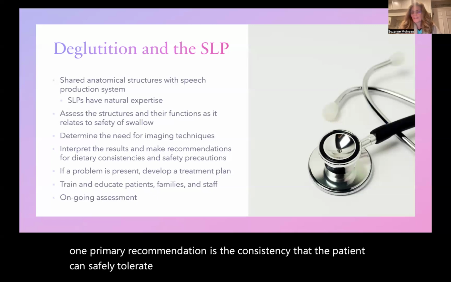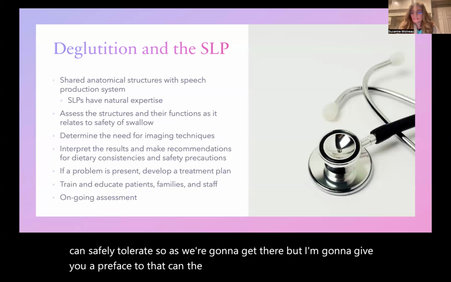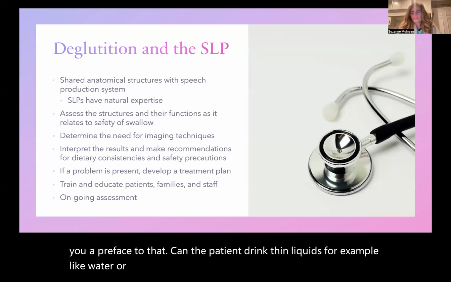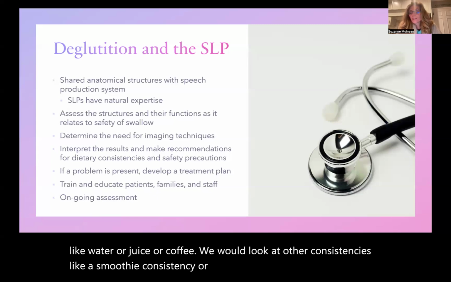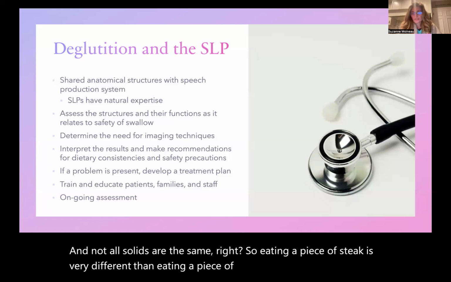We're going to get there, but I'm going to give you a preface to that. Can the patient drink thin liquids, for example, like water or juice or coffee? We would look at other consistencies like a smoothie consistency or consistencies like solids, and not all solids are the same, right? So, eating a piece of steak is very different than eating a piece of watermelon, for example.